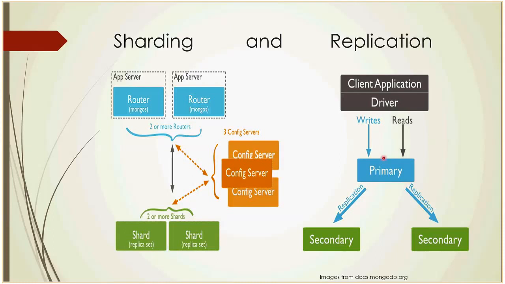The primary takes the writes, and all those operations are applied on the secondary data sets. So it helps us in two ways. One is you would like to run all your reporting from your read-only database, which is your secondary, and also it acts as a disaster recovery process where you always have another copy of your database running, and you can quickly switch which one is your primary depending on the failures.